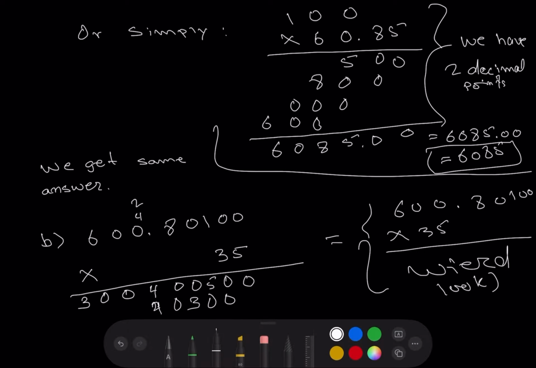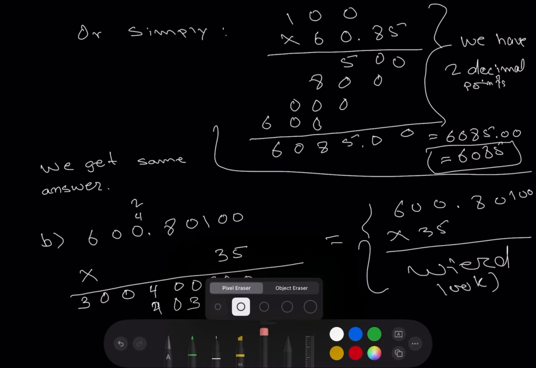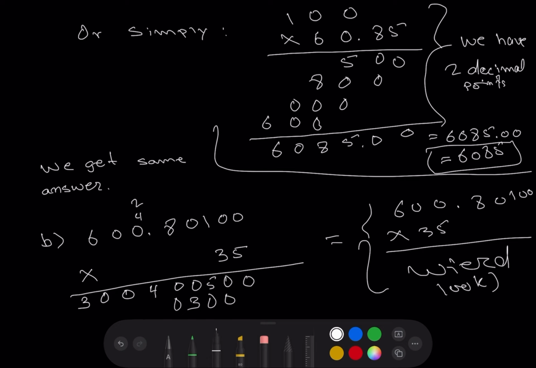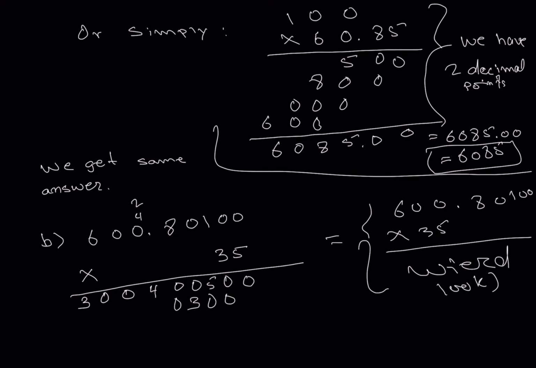That's actually 4, not to confuse it. 3 times 0 is 0, 3 times 8 is 24, 4, 2 will go up, 3 times 0 is 0, 0 and 2 will be 2, 3 times 0 is 0, 3 times 6 is 18.